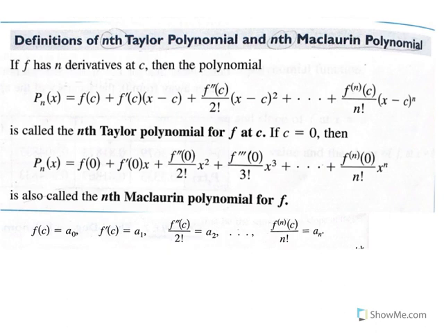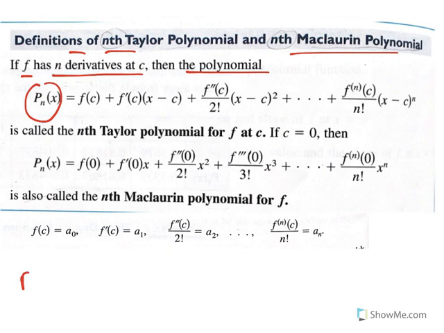That leads us to the definitions of nth Taylor polynomial and nth Maclaurin polynomial. If f has n derivatives at x is equal to c, then this polynomial, p sub n of x, and what was p sub n of x in our derivation?